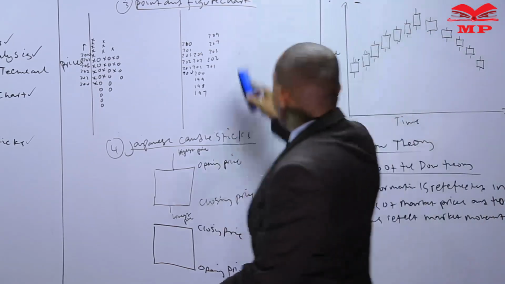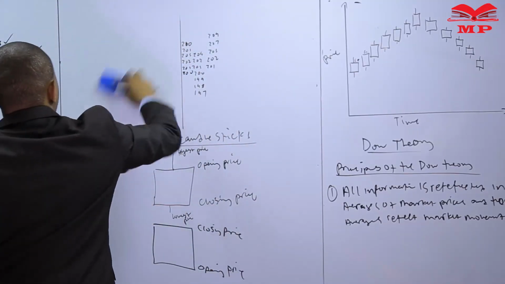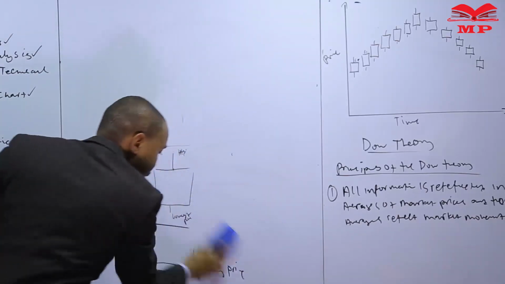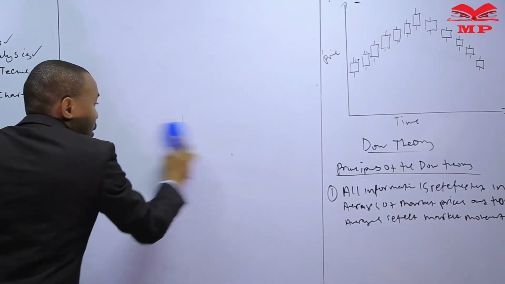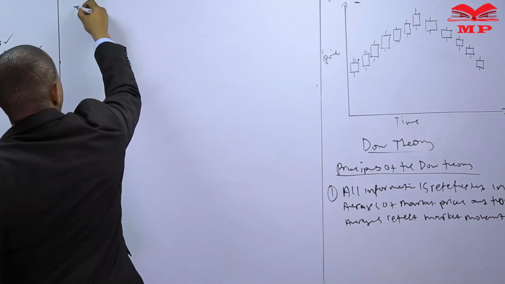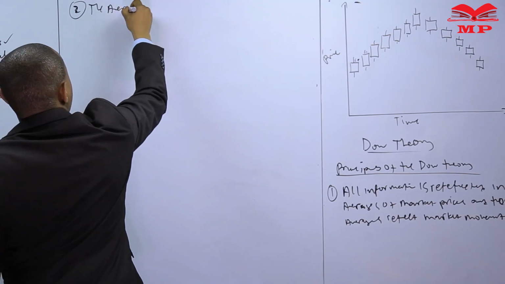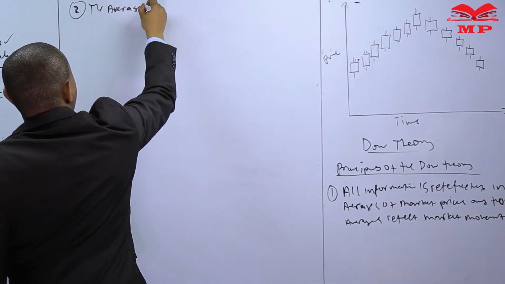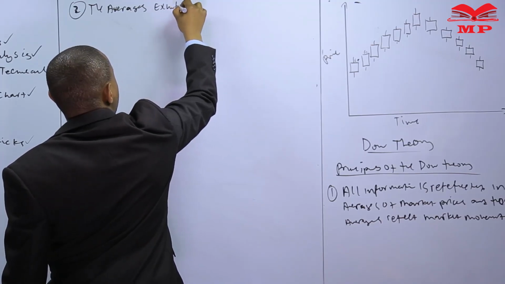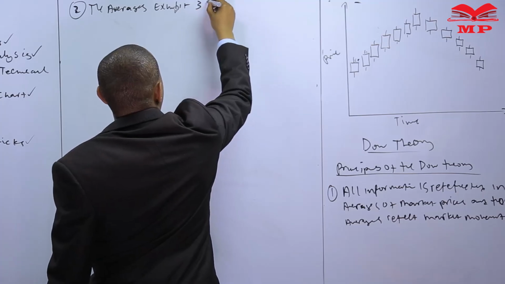The second principle: the averages exhibit three trends.